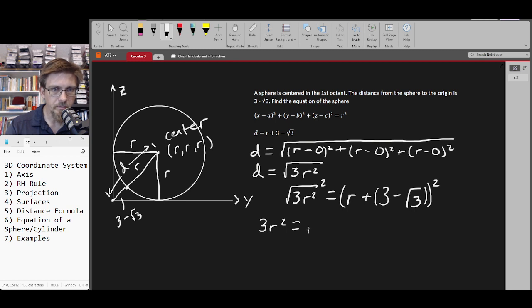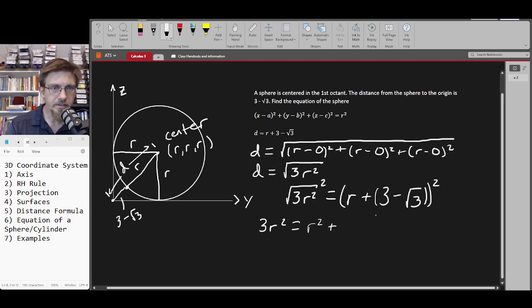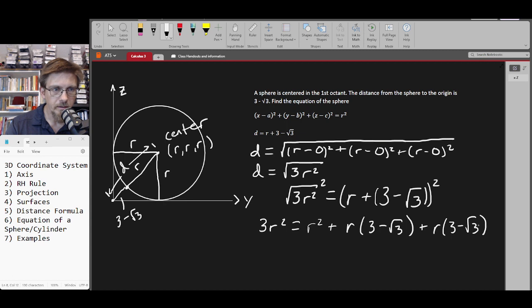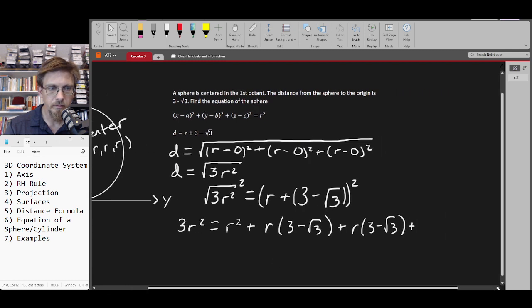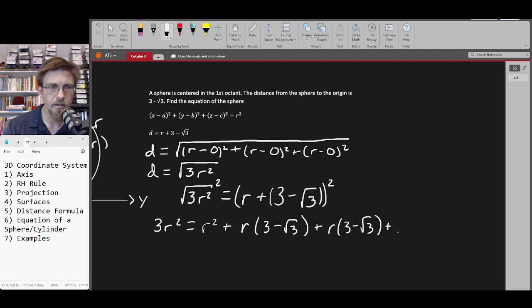So I get r squared, plus the outer, so r times 3 minus rad 3, plus the inner, so again, r times 3 minus rad 3, and then plus that binomial squared. So 3 minus rad 3, and that quantity squared.